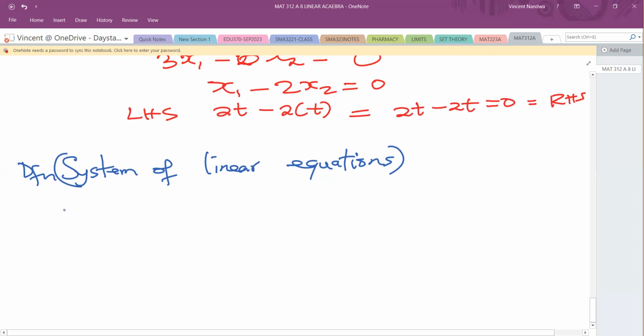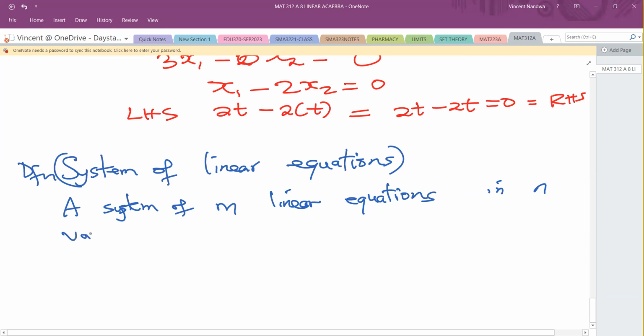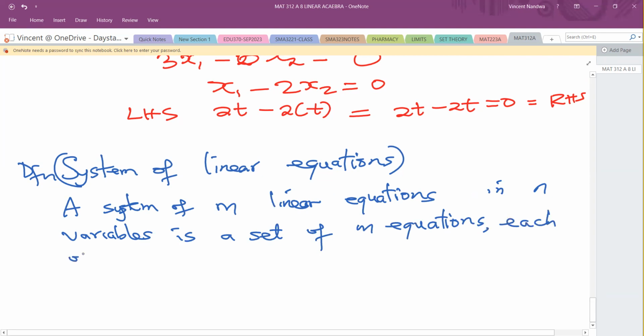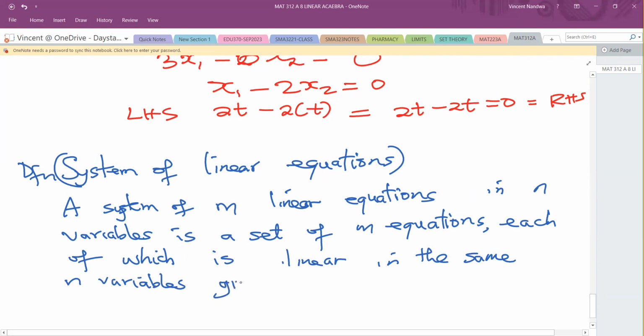So a system of m linear equations in n variables is a set of m equations, each of which is linear in the same n variables, given as follows.